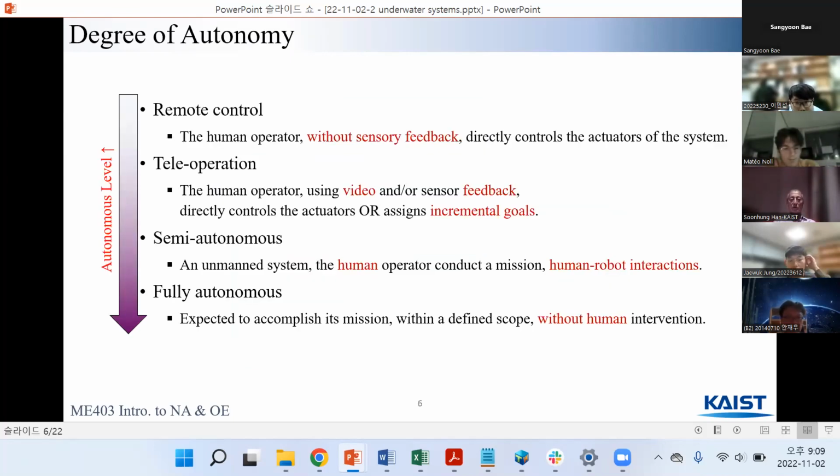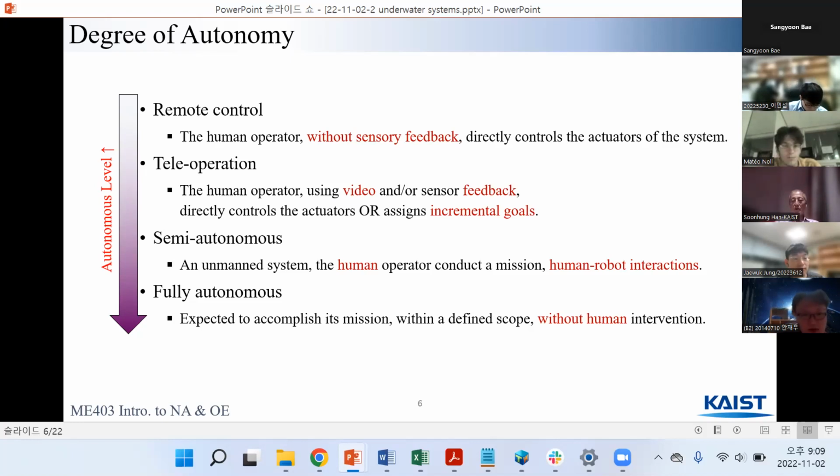And the autonomy level is increasing, from remote control where a human is operating. ROV is usually operated by a human, but AUV also can be operated remotely, but there should be a wireless communication, and without any sensory feedback, meaning feedback coming from the system.